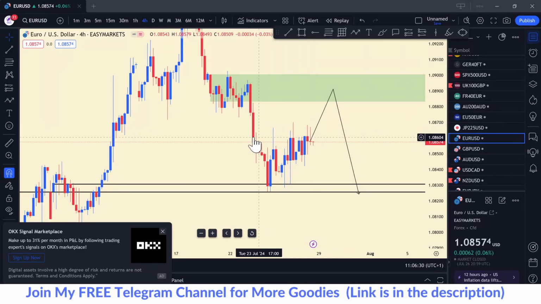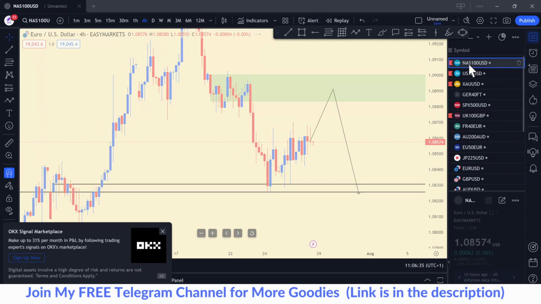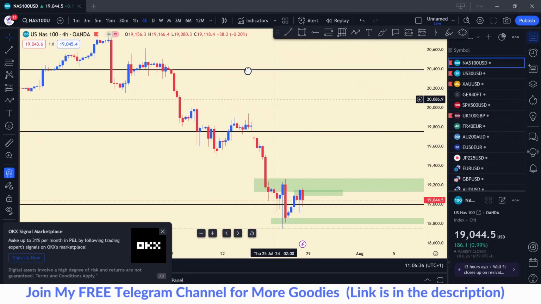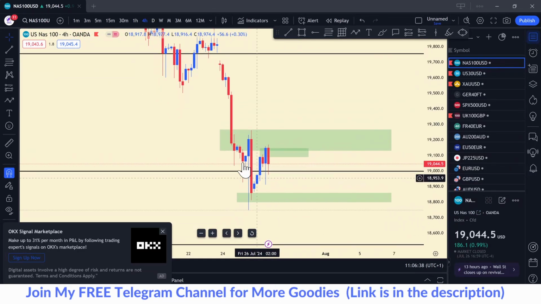All right. For example, if I go back to my NAS 100, my setup for a sell is simply when price came in here. As price comes in here now, this is a setup where I can decide to start selling. All right, I can decide to start selling based on that setup.